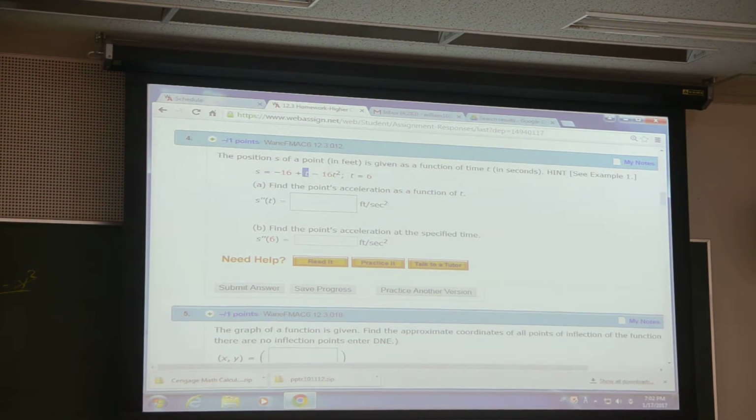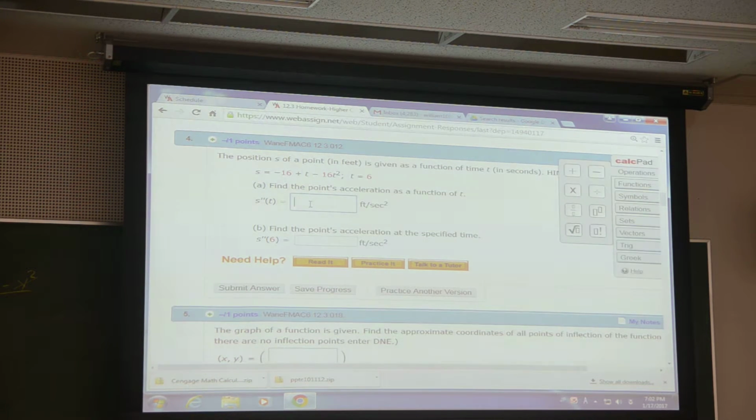The first derivative of this is 1, but the second derivative of this is 0. Right? And then this one becomes what? Minus 32t is the first derivative. So minus 32. So the answer is minus 32 here. Okay? So what's the acceleration? Minus 32. So this is like a rock falling, because it's negative. It could be a rock falling, I mean.